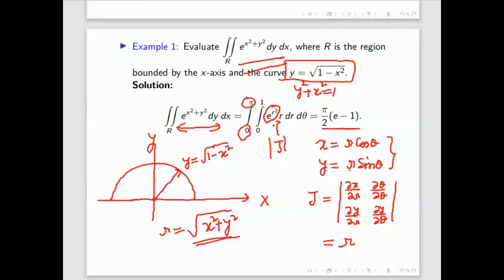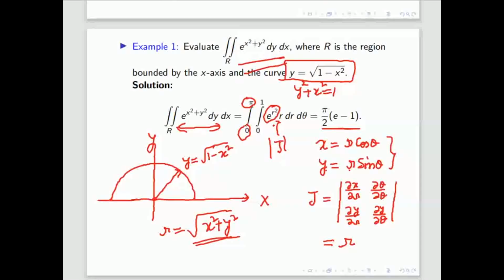That's why the lower limit is 0 at the center, and it will go up to the circumference of this semicircle, that is 1. So 0 to 1 is r, and theta is from 0 to pi, because it is in the first and second quadrants. If it is the whole circle, then theta will go from 0 to 2 pi, but r remains the same. r is from 0 to 1 only.